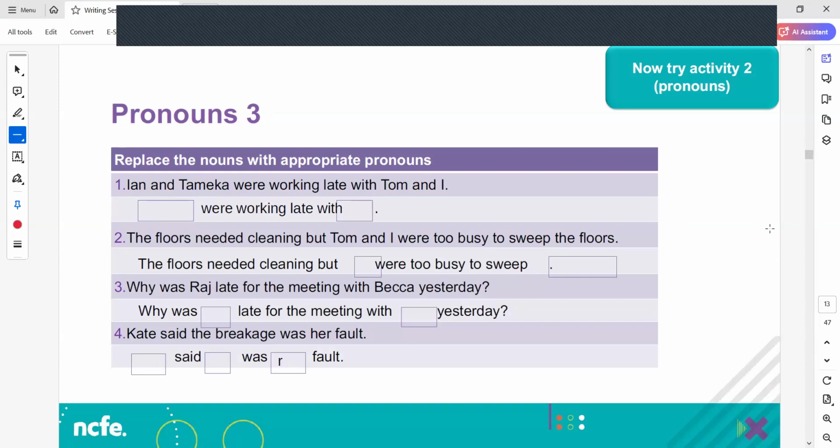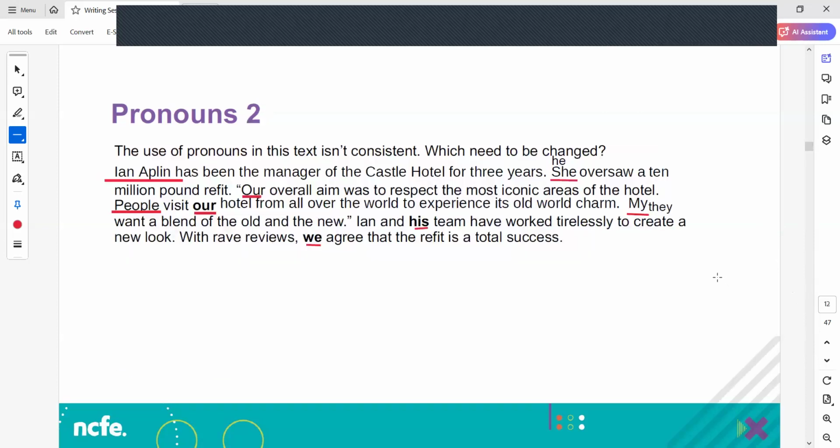Excuse me, can you go back? Yep. This one says I agree that the refit is a total success. If it's we, is it we agree or we agreed? No, we agree because he's talking presently. So he agrees. Or she, whoever the writer is.